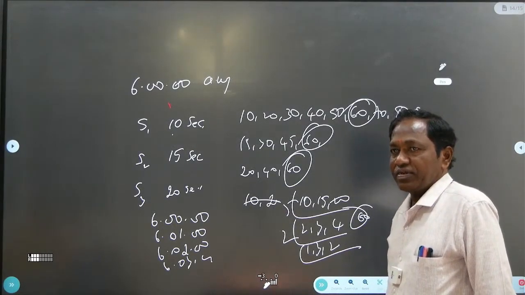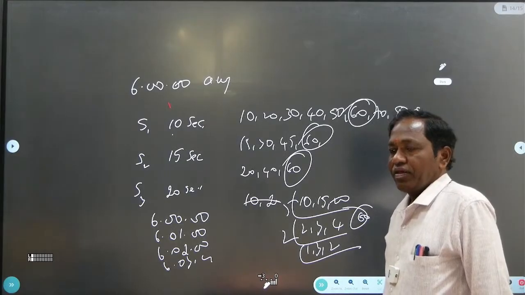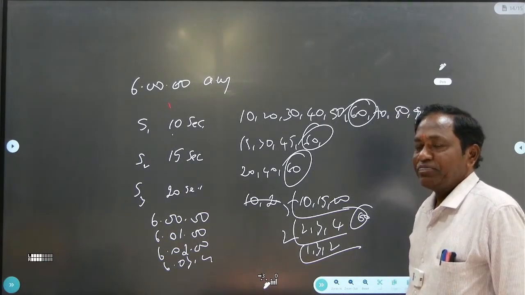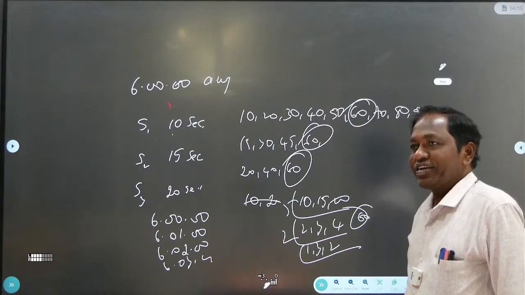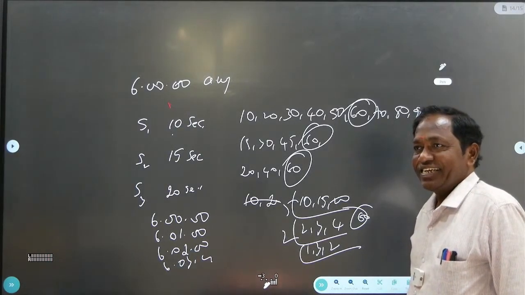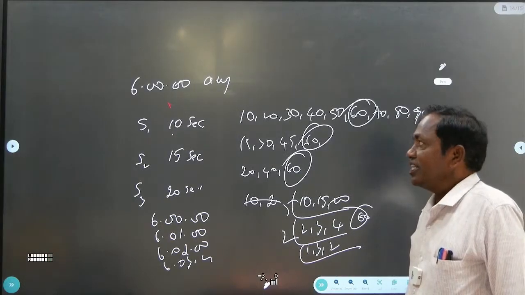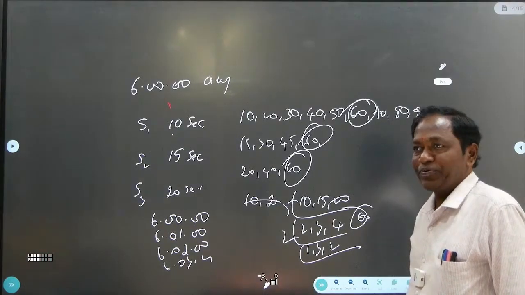Questions will come like that, because LCM comes everywhere. Even in time and work, time and distance, and converting ratios. LCM plays a vital role in aptitude.